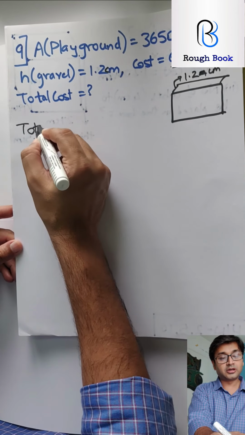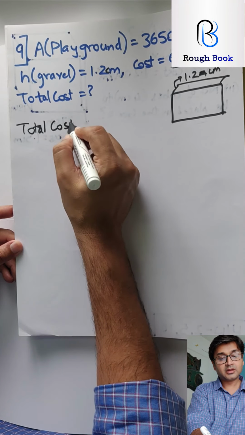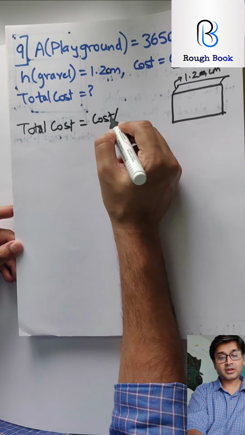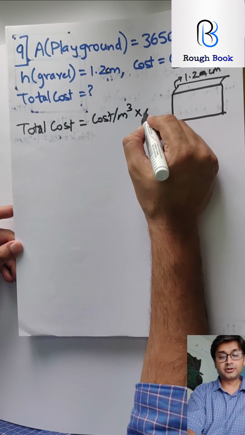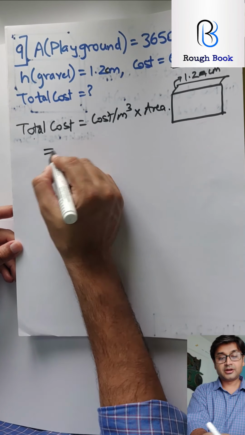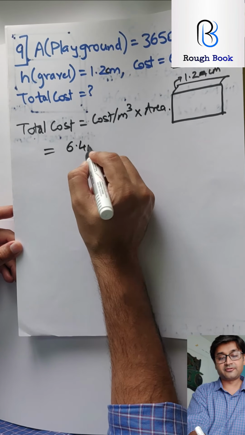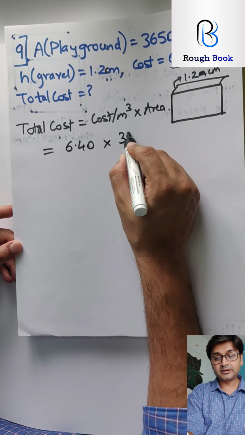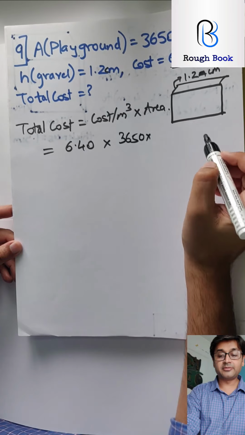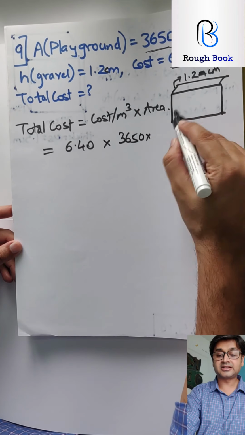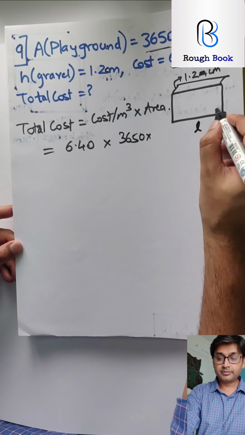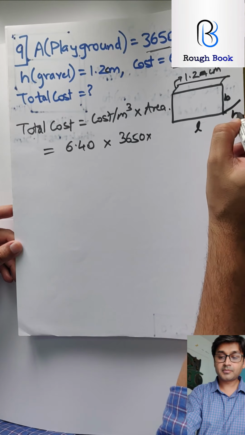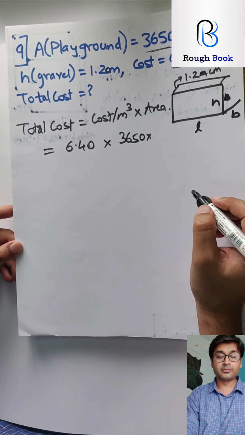So basically total cost is equal to cost per meter cube into the area. Alright. Now cost per meter cube is 6.40 and area is the original area multiplied by this, because original area, let's consider this as a rectangle, will be length into breadth and height is given to you 1.2.